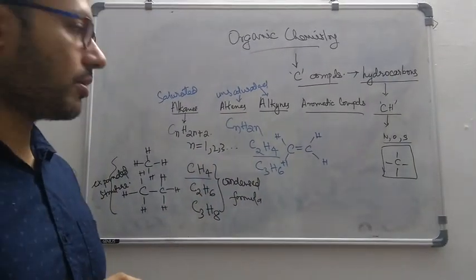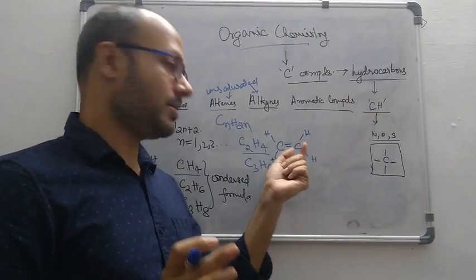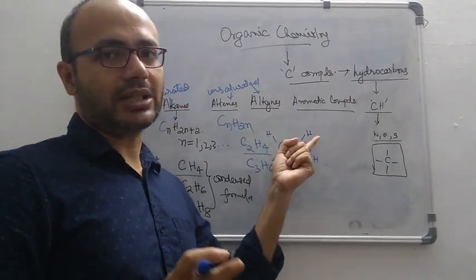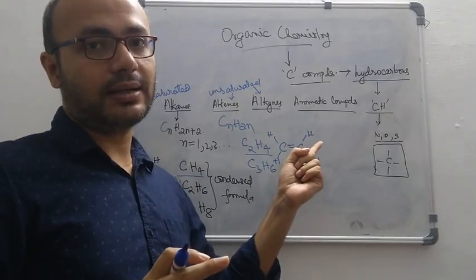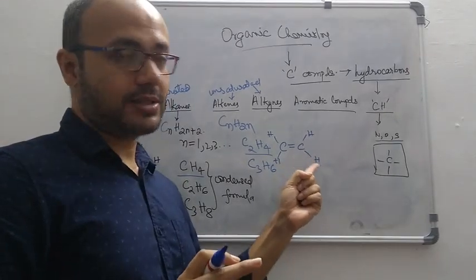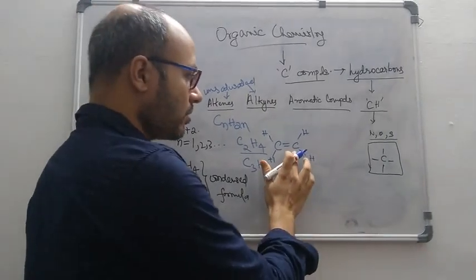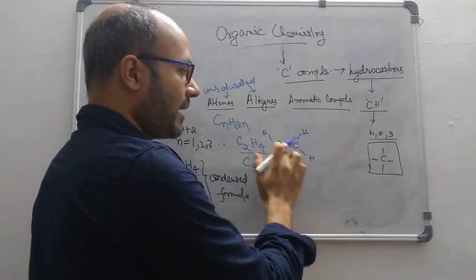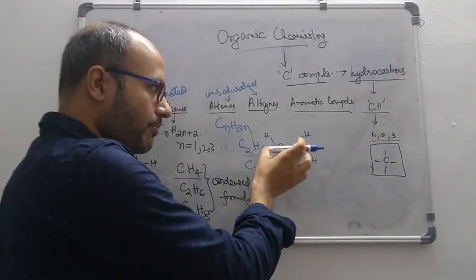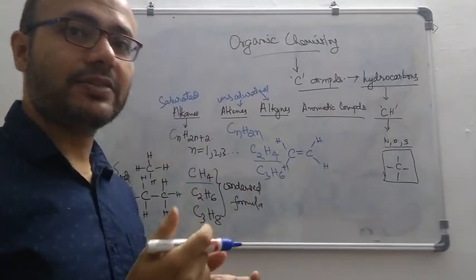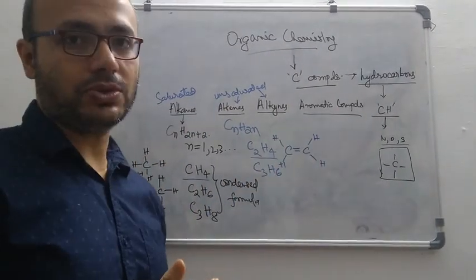Another important thing to remember is that multiple bonds are formed between carbon atoms and never between carbon and hydrogen. Hydrogen can never show more than one bond to another element. So always remember this, and don't draw multiple bonds like this. Never this; this is right. You can have multiple bonds only between carbon atoms. That is the important property of carbon that gives organic chemistry its different compounds.